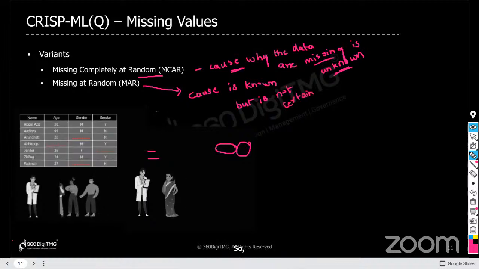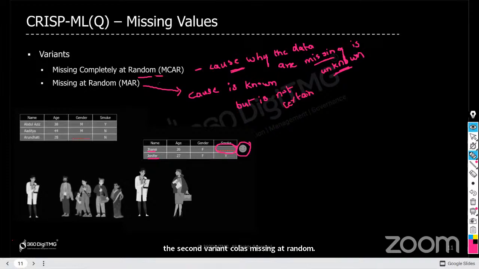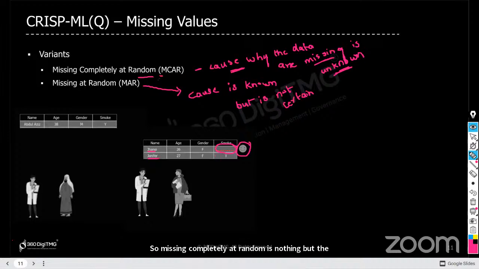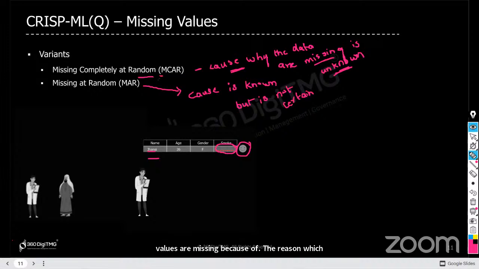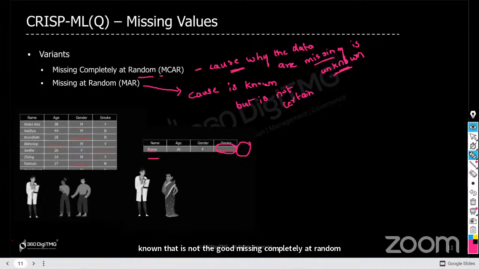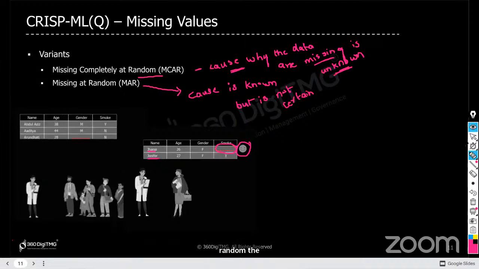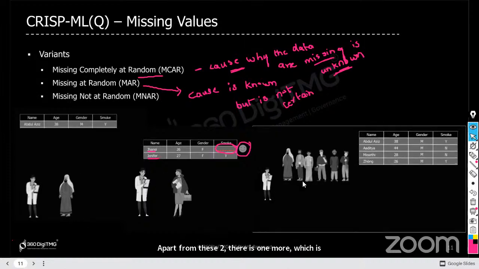That is where we have the second variant called missing at random. So missing completely at random is nothing but the values are missing because of a reason which is not known. Whenever we have the second one, missing at random, the cause can be guessed, but it is not certain.